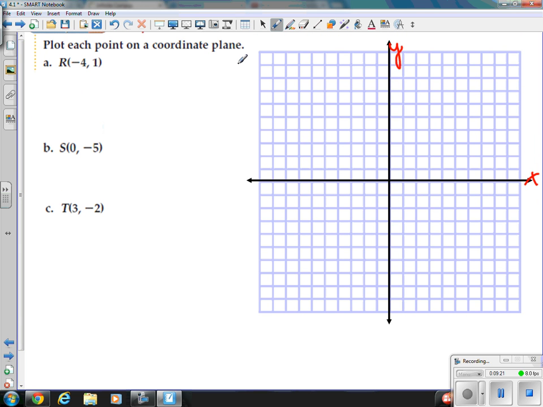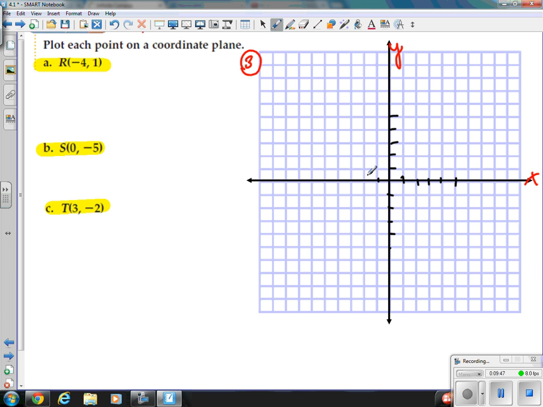For our third example, we're going to graph our ordered pairs on our coordinate plane. If you want to, go ahead and make tick marks 5 in each direction. That way you don't have to make a true coordinate plane. You just go 1, 2, 3, 4, 5. 2, 3, 4, 5. 1, 2.